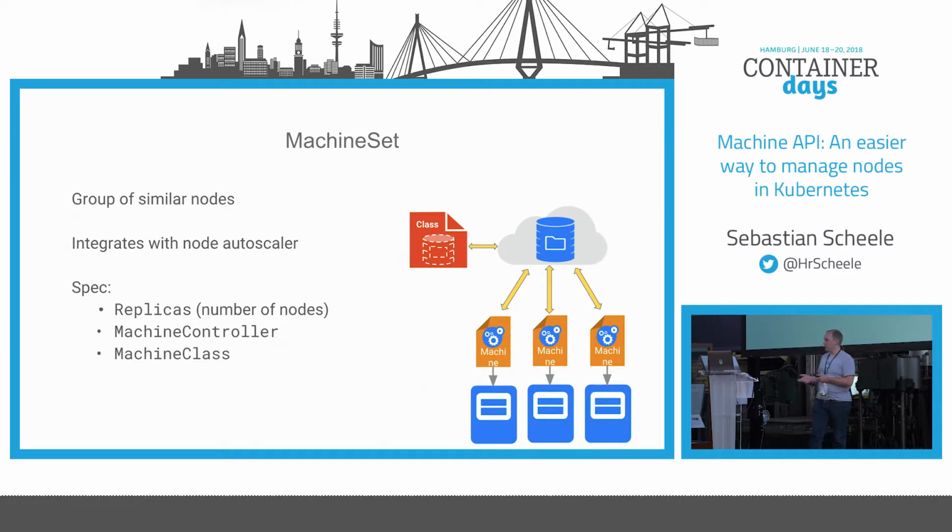You could also have different implementations of the machine controller, and then you create a machine set and say, okay, I need 4 machines. And then the machine set controller will create 4 machine objects, and later, based on this information, the machine controller will call the specific APIs of the cloud provider.